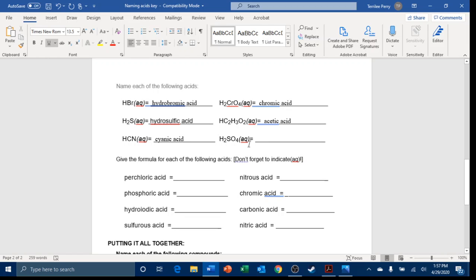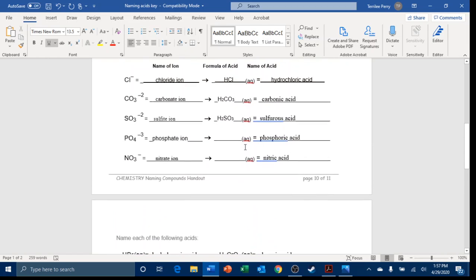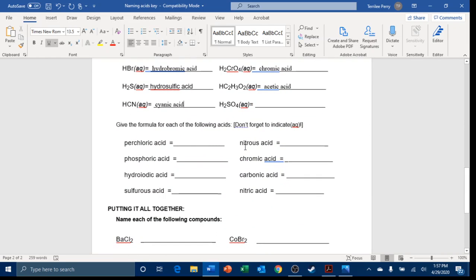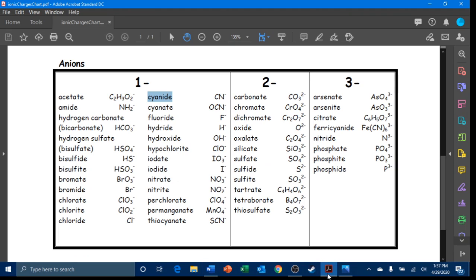Okay, had to play with that one just a little bit. Okay, and H2SO4. I think we've already done H2SO4. Did we? No, that was SO3. Okay, so let's look at this, there's no hydro because this is not binary. So let's look at our chart. SO4 is sulfate.